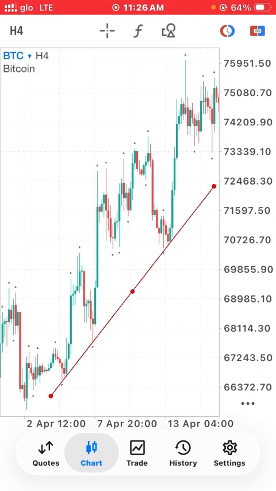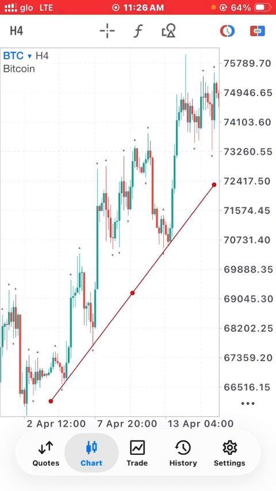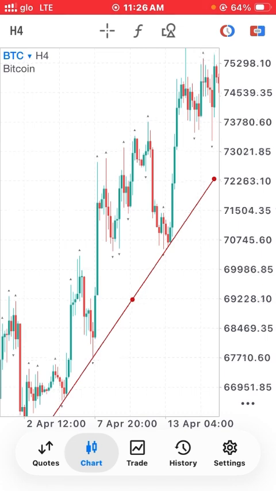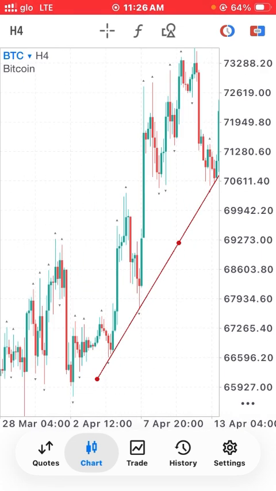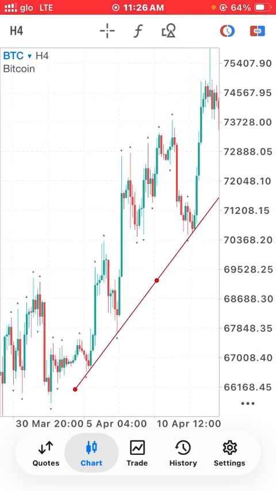As you can see, it aligns perfectly, right? So what happened here? Price is in an uptrend, as you see. So in the case of the uptrend, you draw it from the low, connecting the lows in the uptrend, right? So what happened?